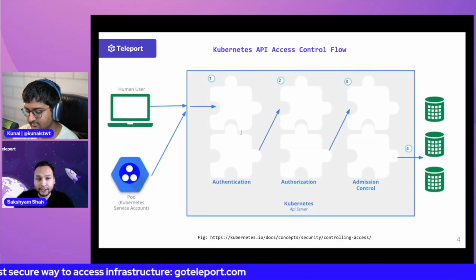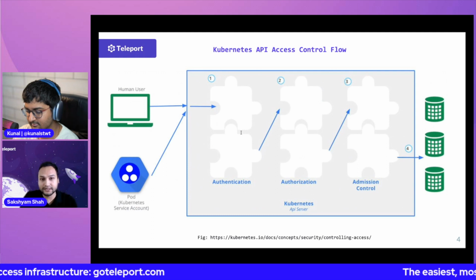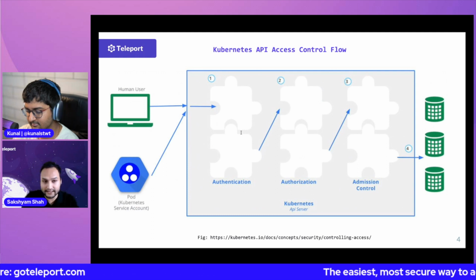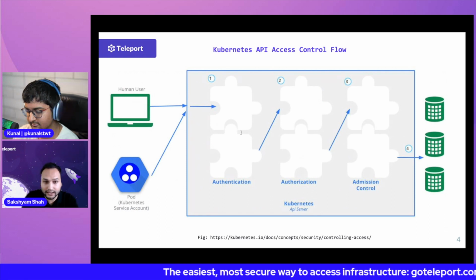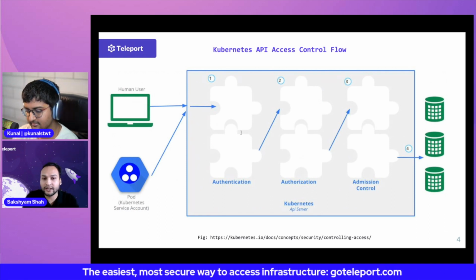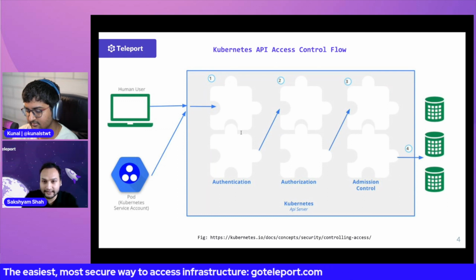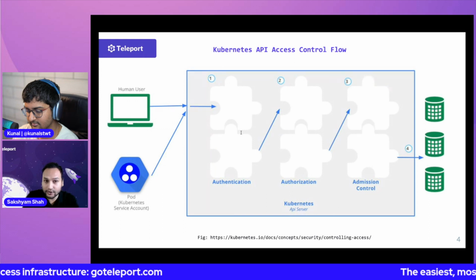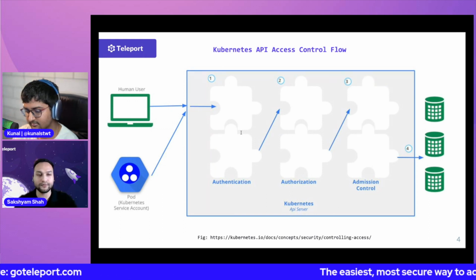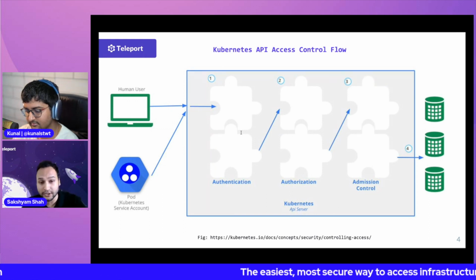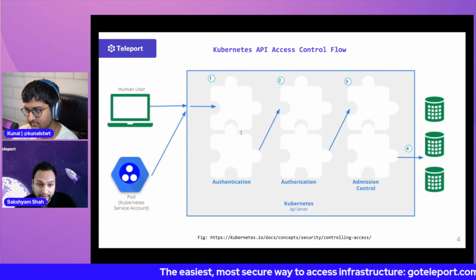The access control in Kubernetes has built-in steps, or phases, of access control. The first one starts with authentication. The second one is authorization. And the third one is admission control. And on top of all of this, you also have to think about how users connect to the Kubernetes cluster itself before they even authenticate.